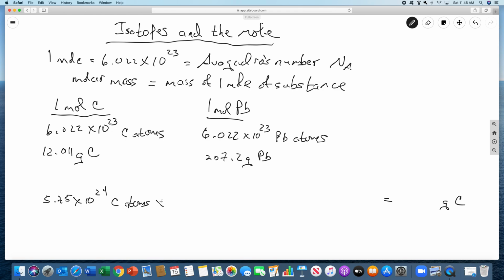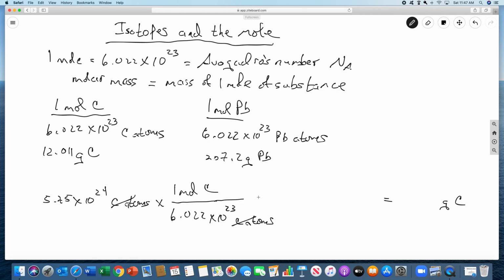What I would do is, first of all, I have to get to moles, right? I can get rid of the unit atoms using Avogadro's number, so I know that 1 mole of carbon is 6.022 times 10 to the 23rd carbon atoms. And again, this is where your dimensional analysis is going to come in really handy.